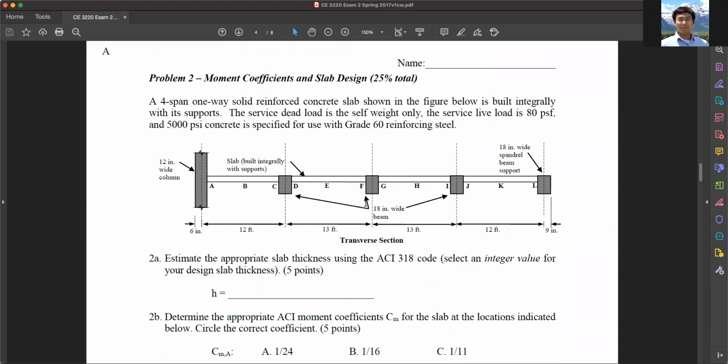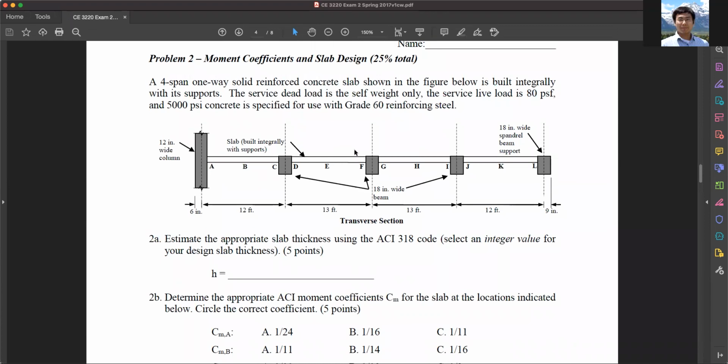Now, problem number 2, I made it more like a multiple choice calculation. So here you see a one-way slab. And notice that the end of it is a column, not an L shape integral. So you might have to pay extra attention when you use the moment coefficient, which row of coefficients you have to use based on the lecture notes.